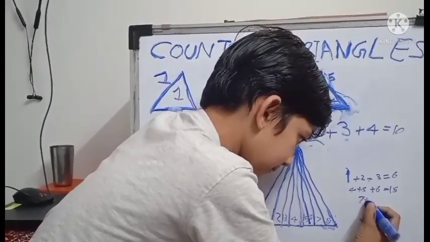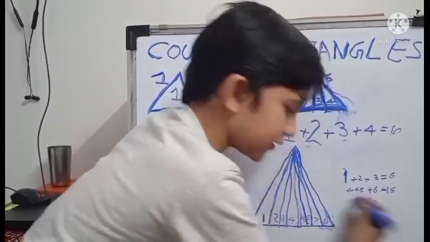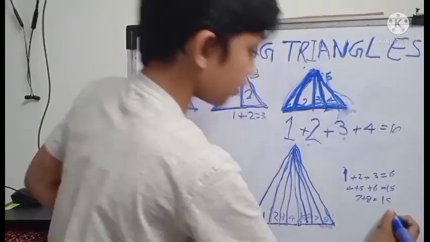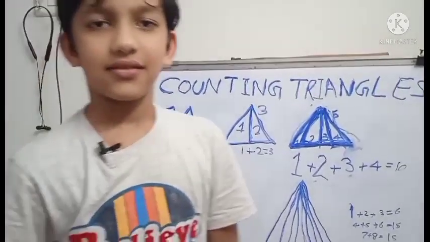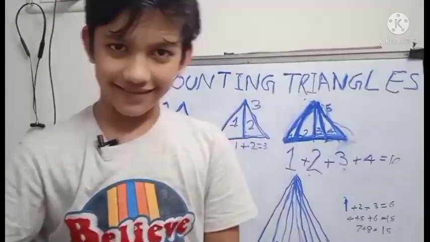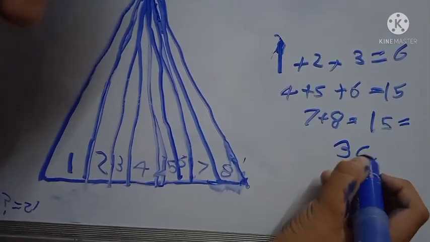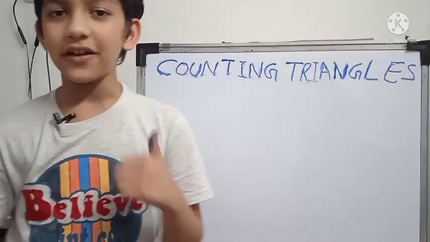And 7 plus 8 equals 15 again. So 15 plus 15 equals 30, and 30 plus 6 equals 36. The total is 36. You can see I have erased the back calculation.